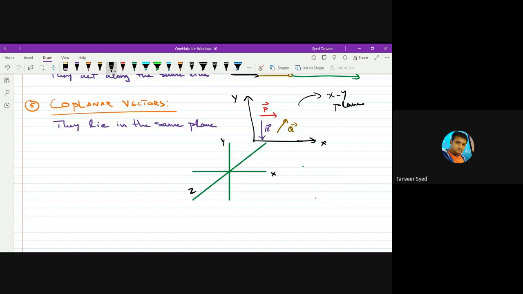The z-axis is into the plane and out of the plane, towards you and away from you. Third dimension. If I take a vector P along the x-axis, another vector Q along the y-axis, and another vector R along the z-axis, then these three, P, Q, and R, are not in the same plane. So they are not coplanar.